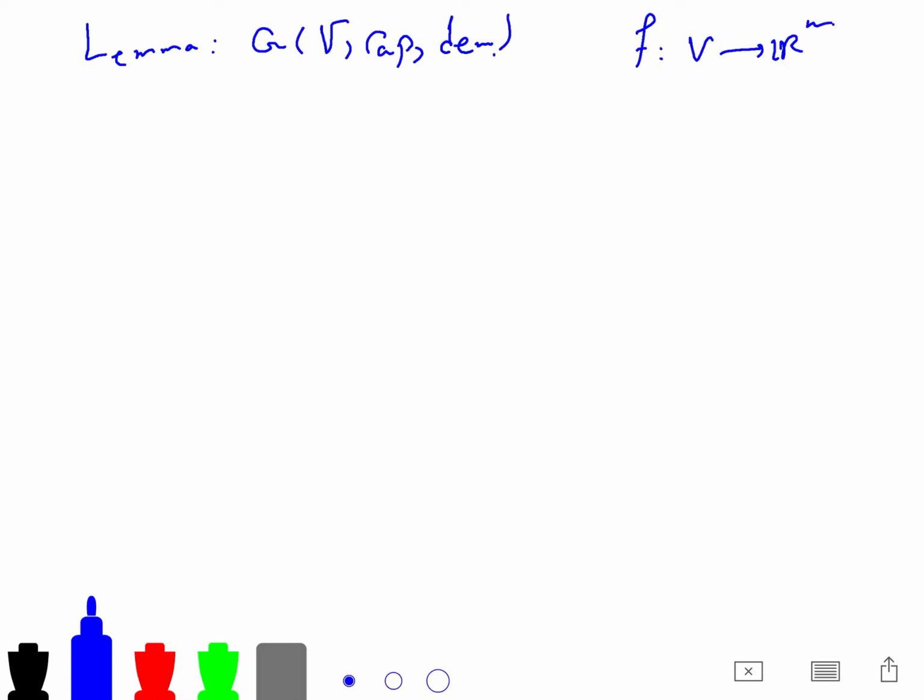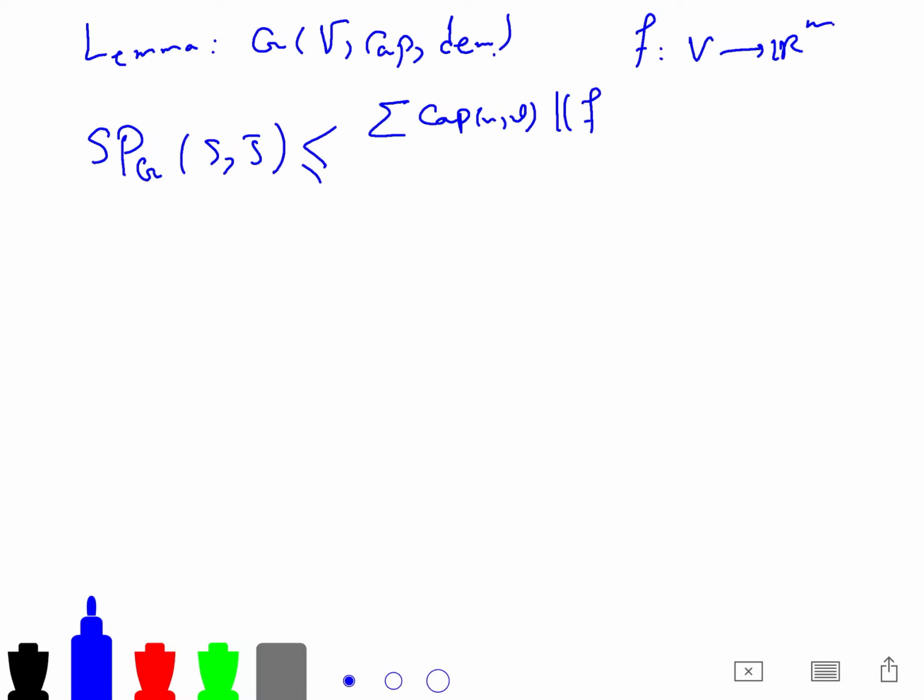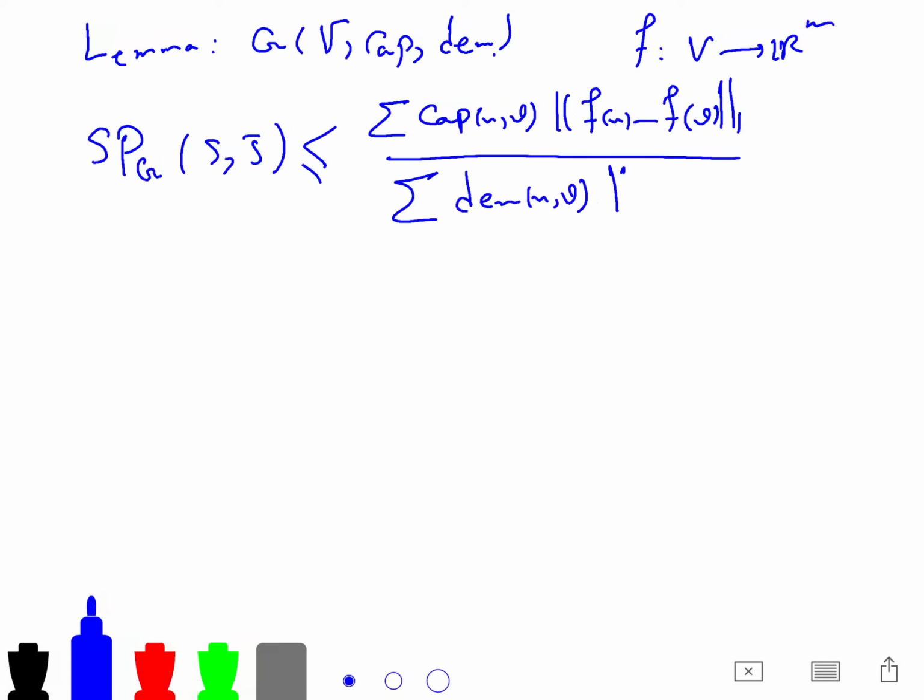cut S, S bar such that the sparsity of G of S, S bar is upper bounded by the sum of capacity of U and V times norm of F of U minus F of V, divided by the sum of demand of U and V times norm of F of U minus F of V. Here it is norm 1.